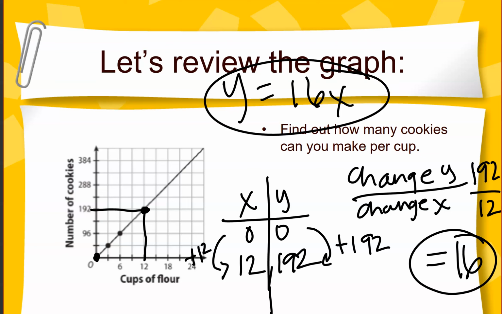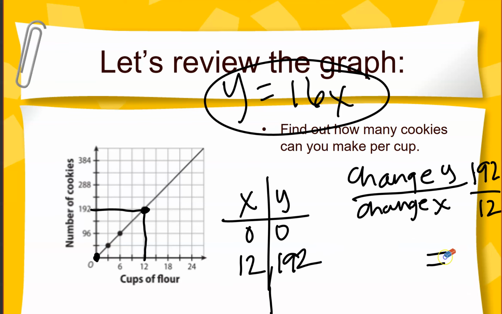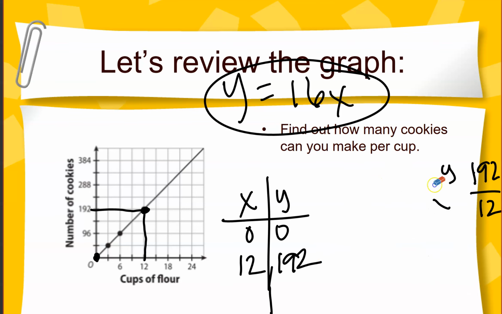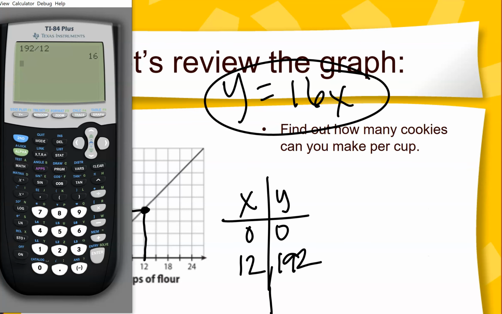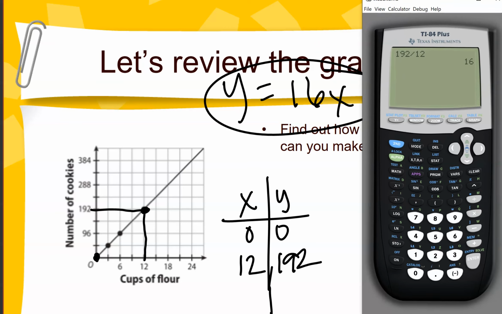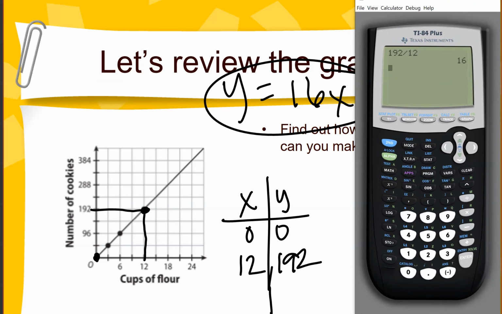All right, now I'm going to double check on my calculator. On the calculator, if you are checking, you are to select 2 points, put them on an X and Y table, and then you go to Stat, Edit.